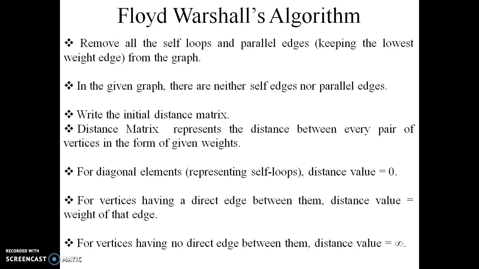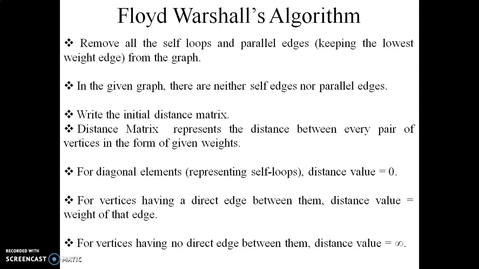After that, you write down the initial distance matrix. This distance matrix represents the distance between every pair of vertices in the form of given weights. For a diagonal element, the distance value will always be equal to 0. It means that all the diagonal elements will be equal to 0. For vertices having a direct edge between them, the distance value will be equal to the weight of that edge.